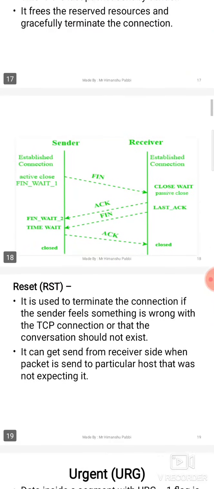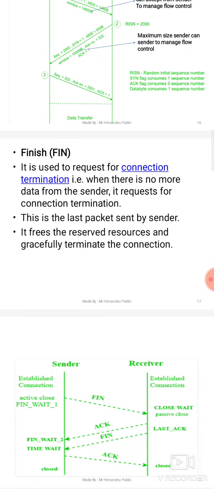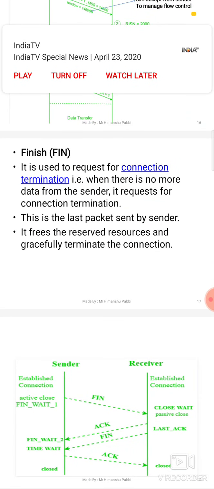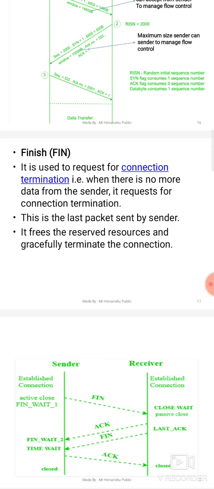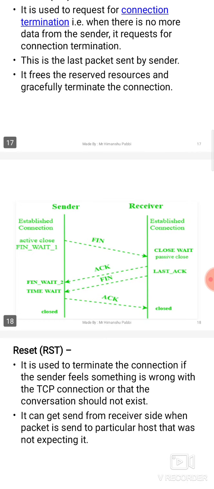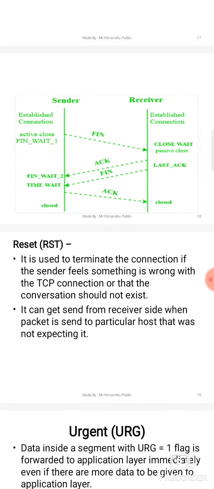We will discuss all this in coming lectures, including the three-way handshaking protocol, how the connection is established, how the data is transferred, and how the connection is terminated. We will study that in the next lecture. The last one is the reset flag.